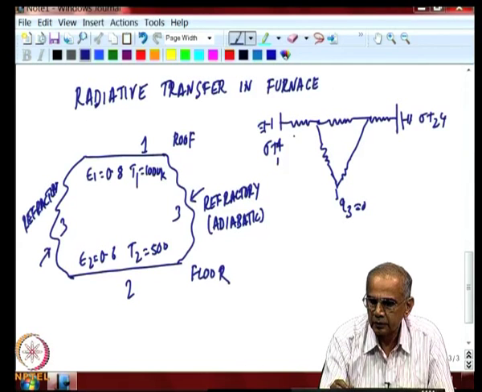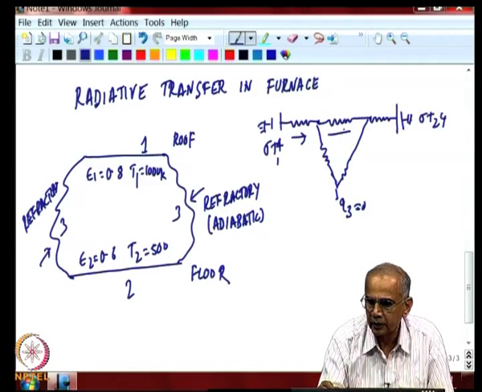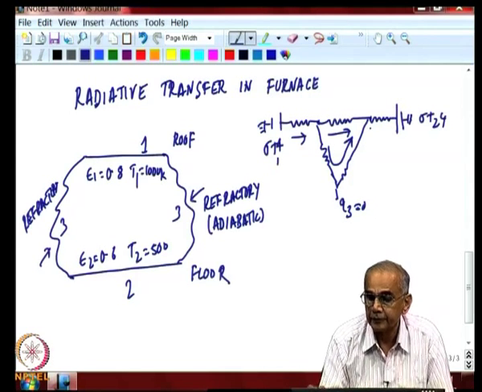So, any heat that is going from 1 to 2 either goes directly or goes by reflection through the refractory back here.